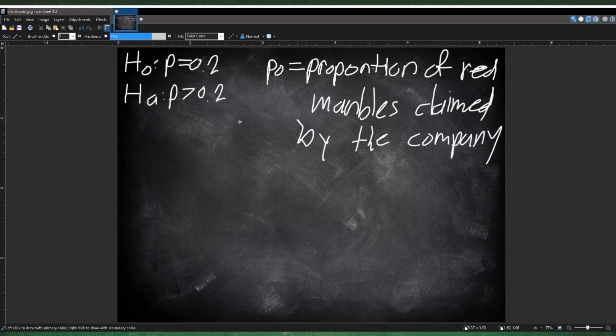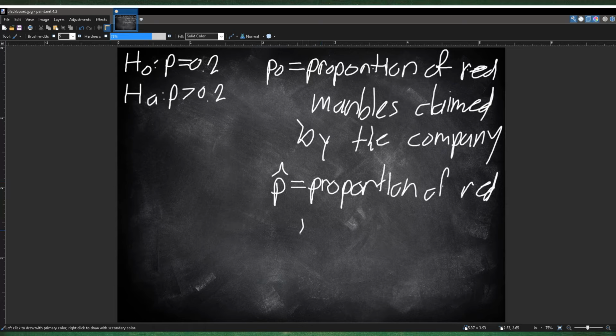And then you have p hat, which is the proportion of red marbles in your sample.